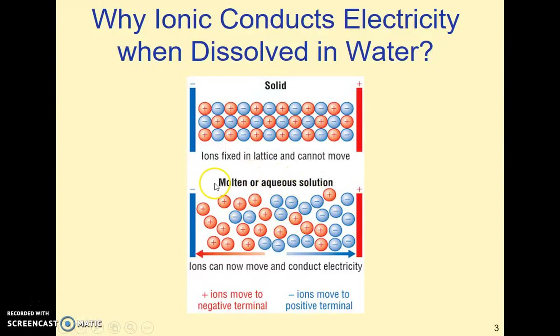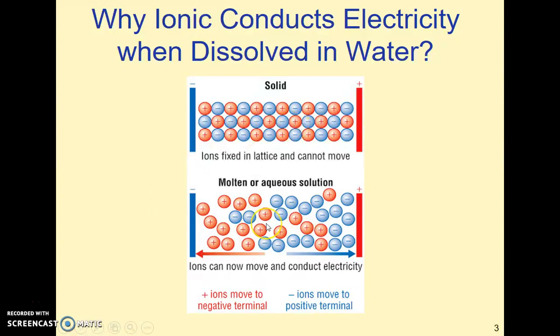So when you dissolve or melt ionic compounds, the water molecules, if you're dissolving it, pull or break the lattice, and then these ions are movable, and as a result, they can conduct electricity. But in solid form, they're not movable, so the compound cannot conduct electricity.